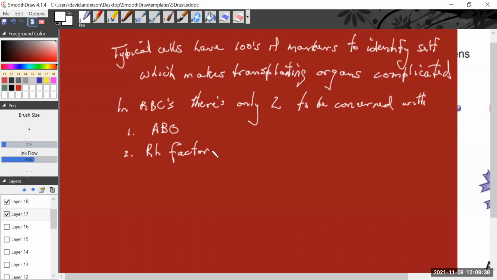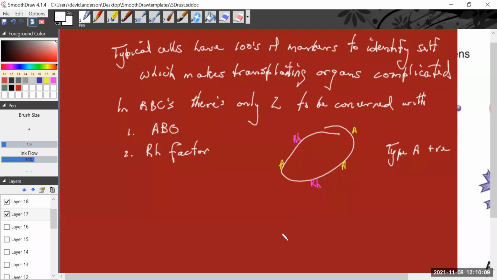So if you have the Rh factor, and again, here's your blood vessel, you could be a type A. And if you also had the Rh factor, this person would now be described as being a type A positive because they're positive for the Rh factor.